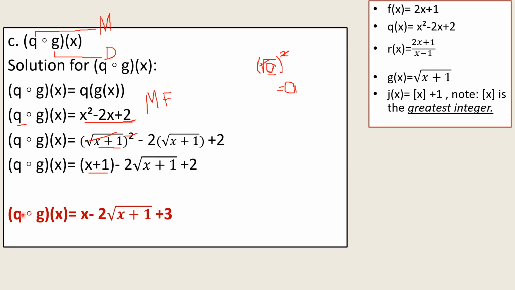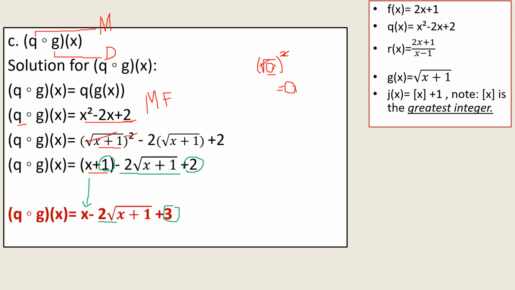Okay? So, q of g of x is equal to x. Ayan, susulat ko lang. Gamit ako ng green pen. So, x. Okay? Then, positive 1 plus 2 equals positive 3. Ilalagay natin always si constant dun sa last. Okay? Then, copy lang si minus 2 square root of x plus 1.